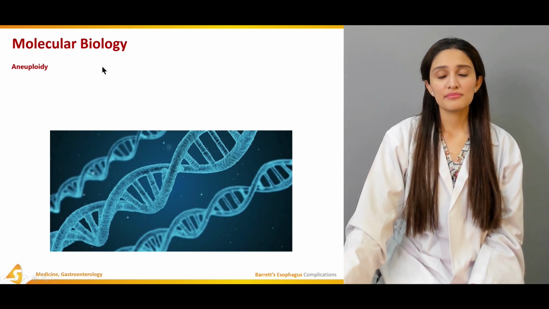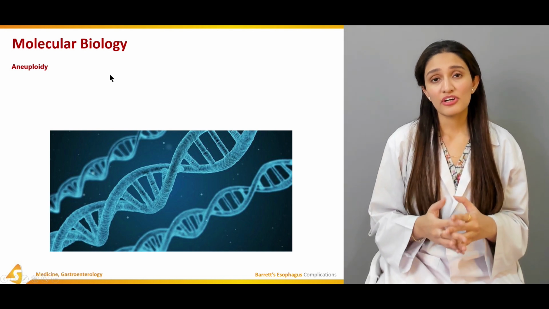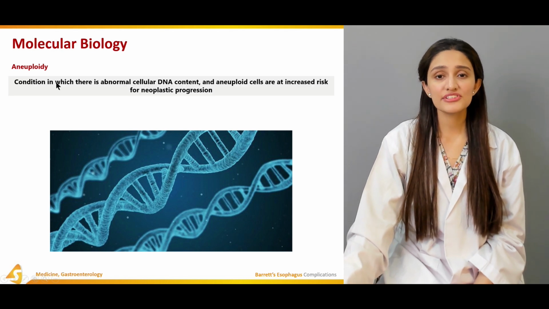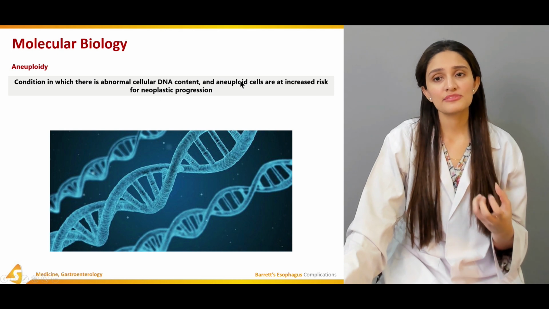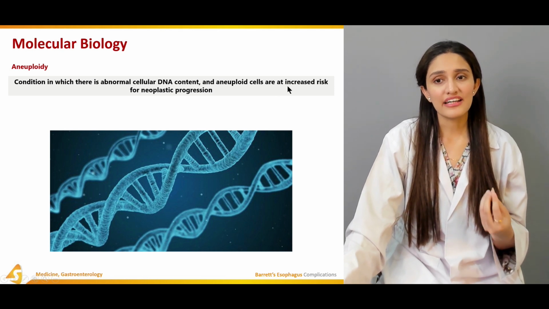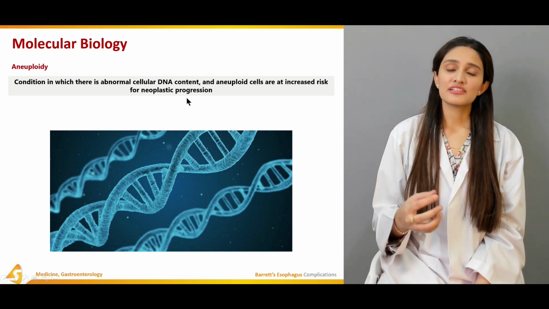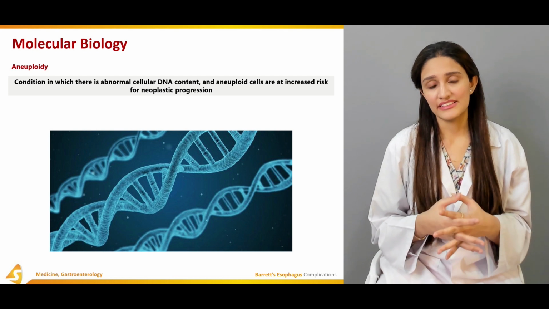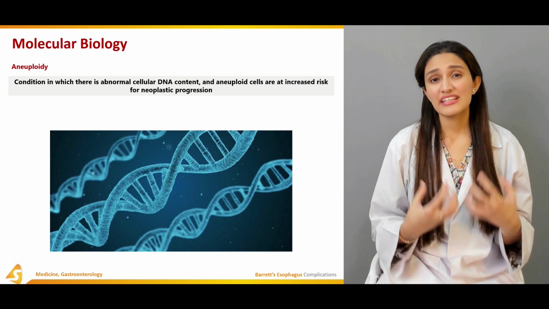So you'd be thinking about molecular biology. In this section we're talking about aneuploidy. What does aneuploidy really mean? It is a condition in which there is abnormal cellular DNA content, and the aneuploid cells are at increased risk for neoplastic progression. What occurs is that these core physiological attributes of malignancy that I've talked about undergo a genomic instability.